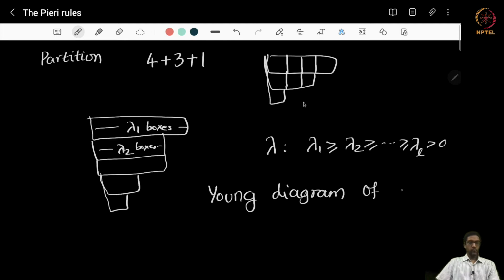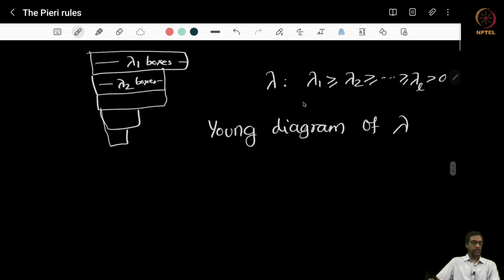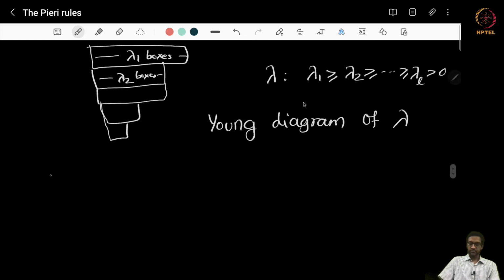This sort of diagram of lambda is sometimes called the Young diagram of lambda. Now, having drawn this picture, the next definition is rather intuitive. This is the notion of containment. When does one partition contain another?